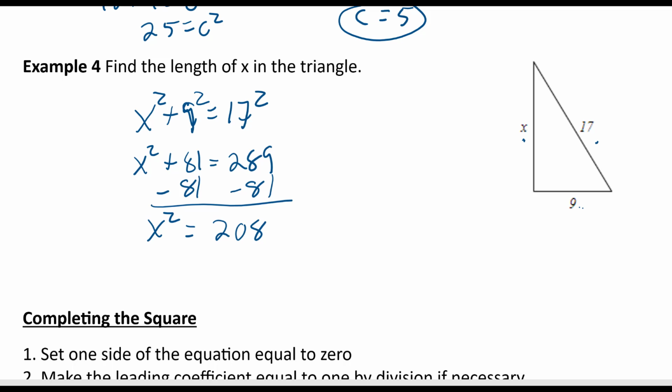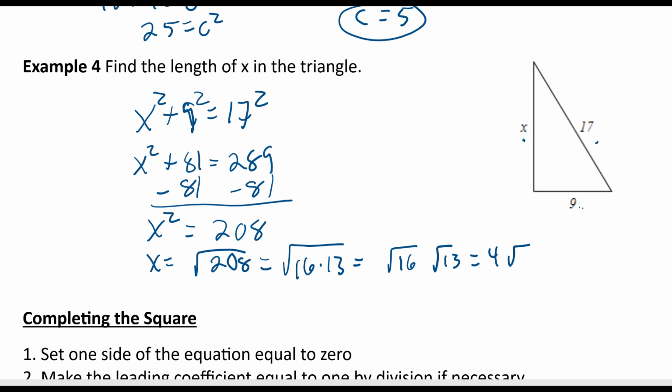Hang on. So x would be the square root of 208, which is the square root of 16 times 13. So the square root of 16 times the square root of 13, or 4 times the square root of 13. That must be the length of x.